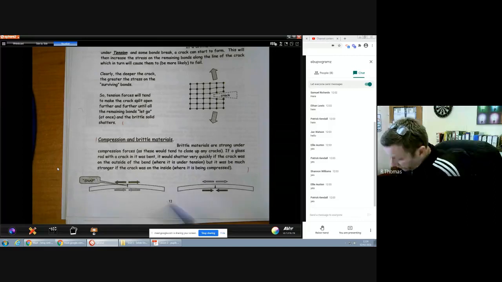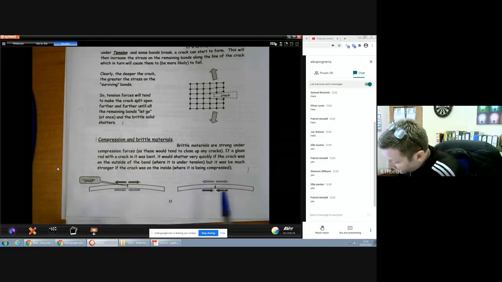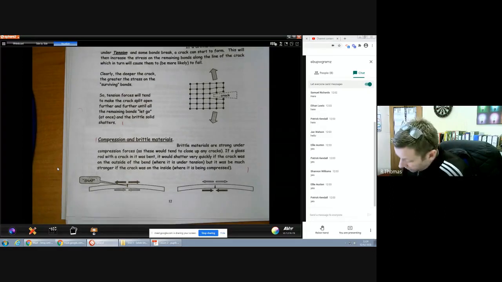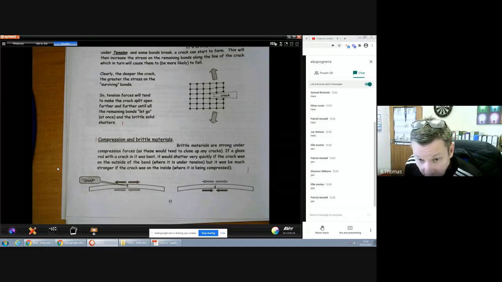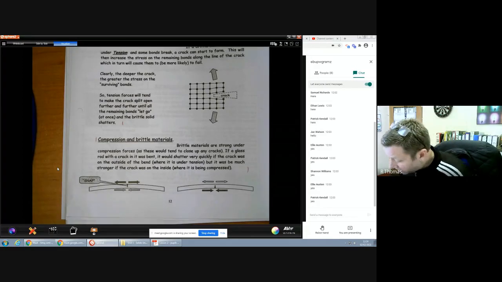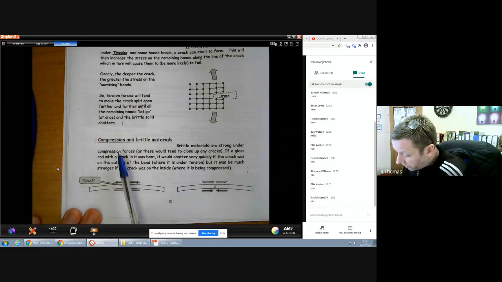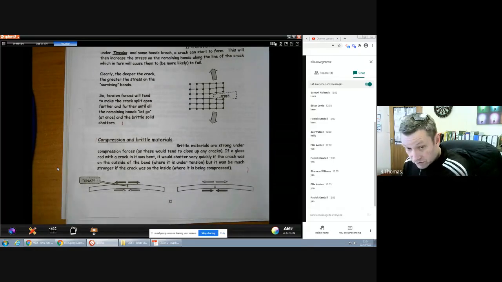However, if I flipped it up the other way, so the crack was on the bottom, and I bent it almost inwards, it would actually become very strong there because you are closing up the gap in the molecular bonds, right? You're closing up that, I have to say it, crack, right? So that's really interesting how compression will strengthen a brittle material.